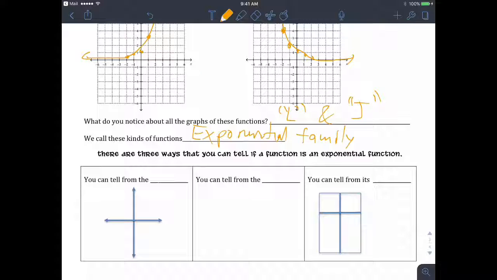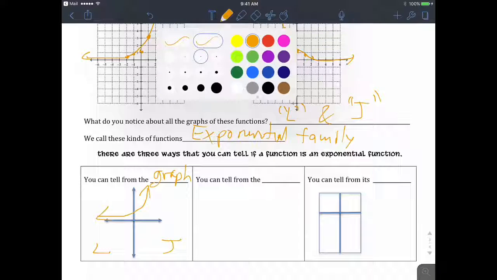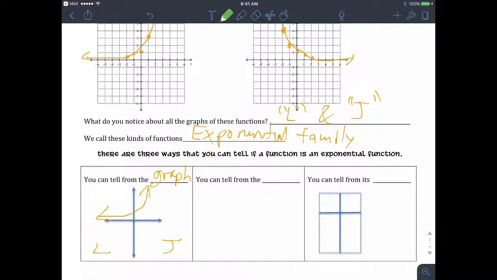The first one is the graph. Now again, the graph is either going to look like an L or a J. So this is what the J looks like, and then this is what the L looks like. Okay? So if you see any of those graphs, then you know that it is exponential.